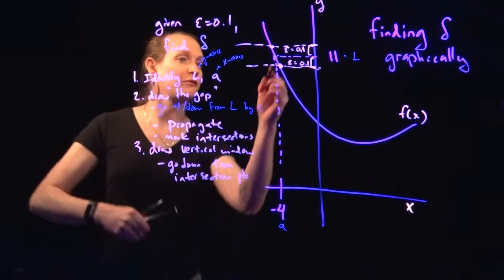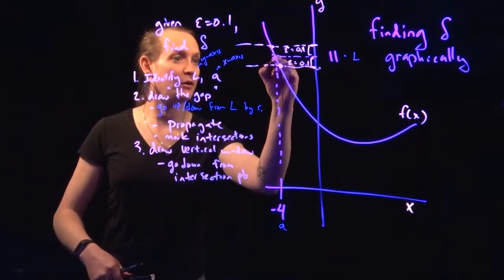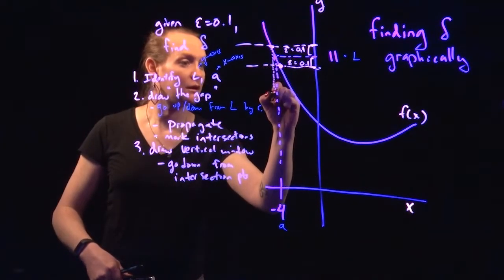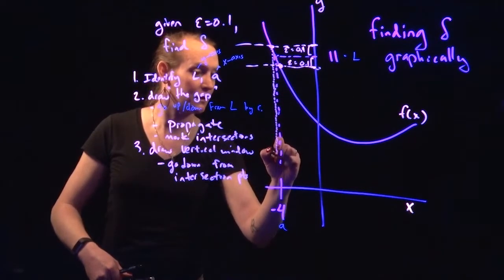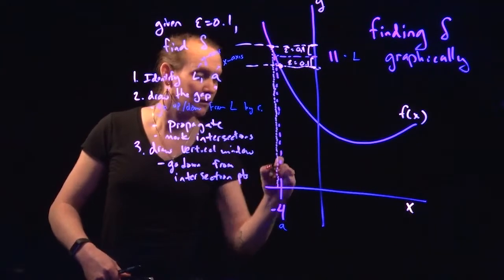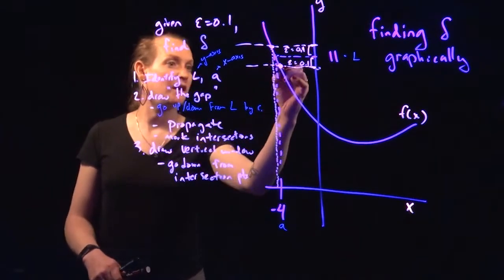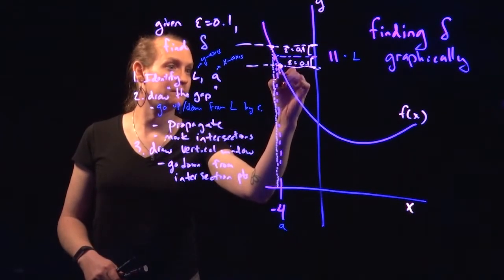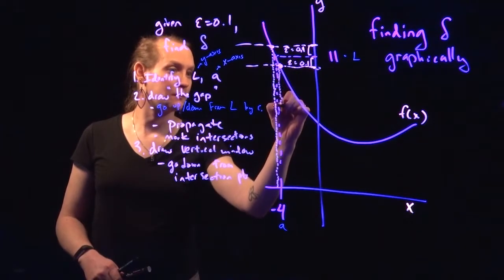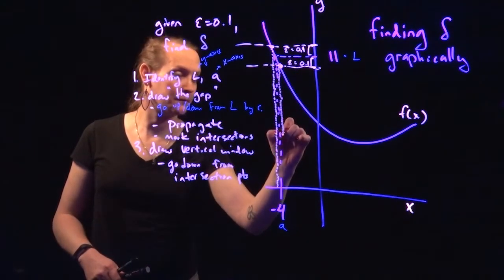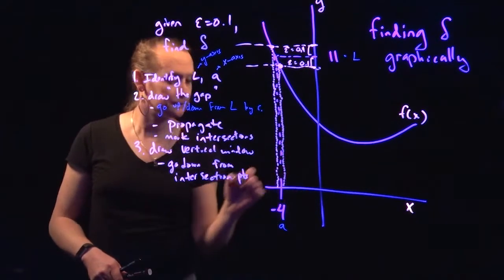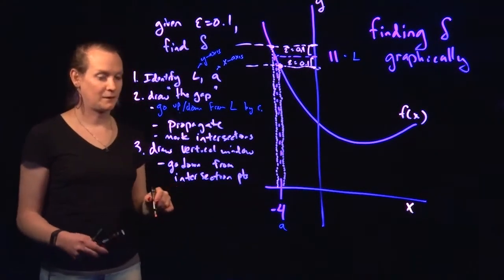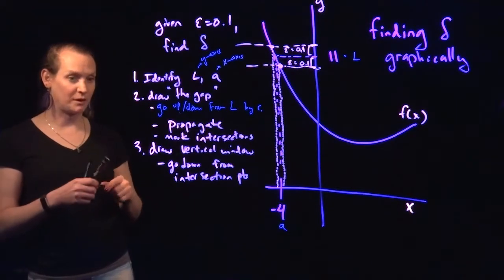So I'm going to go down from this one, and I'm going to follow it down. Okay, so follow that one down, and I'm going to follow this one down. Okay, so that's my vertical window.